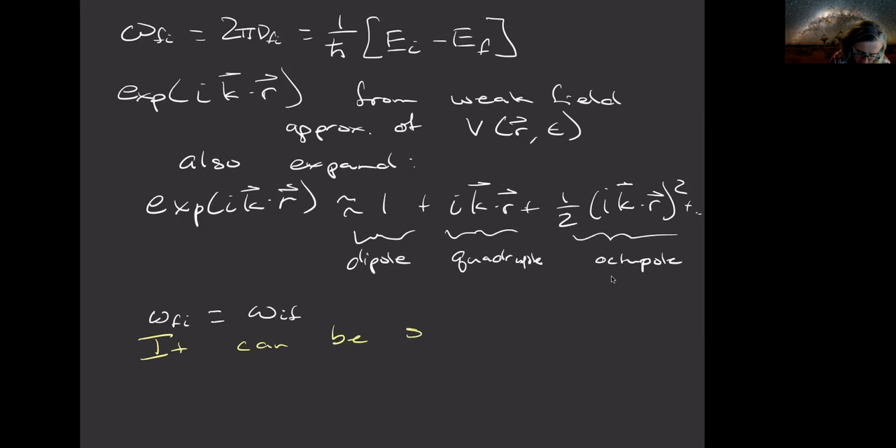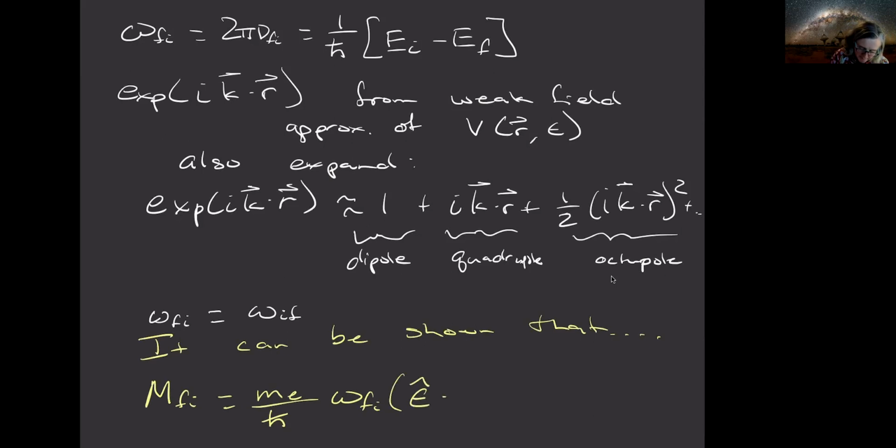It can be shown that this matrix function M_fi is quite simply the mass of the electron over h bar times the frequency of the transition from the final to the initial, the fi transition, times the polarization vector epsilon dotted with a term we call r_fi.